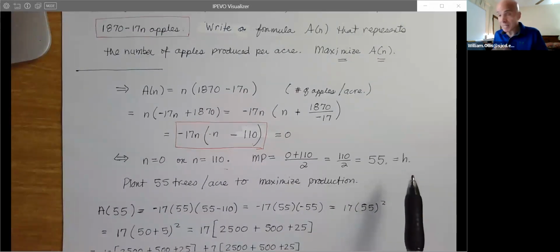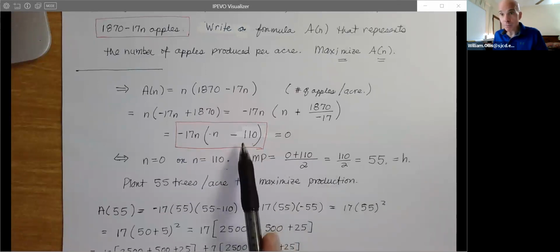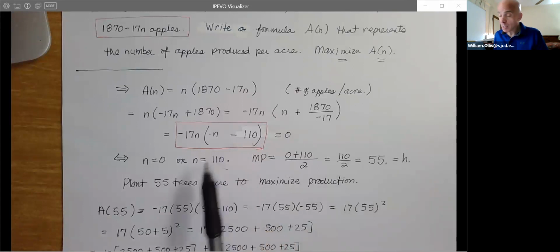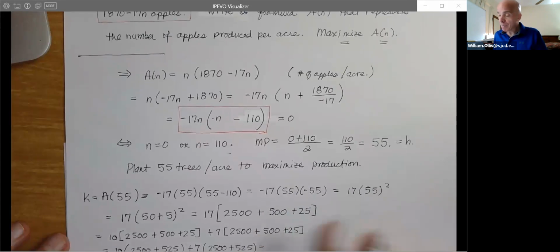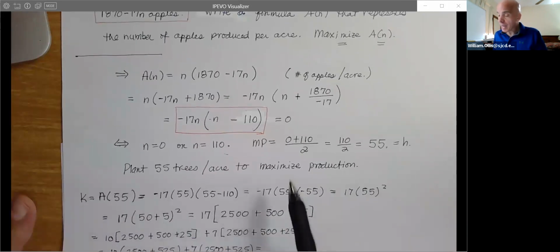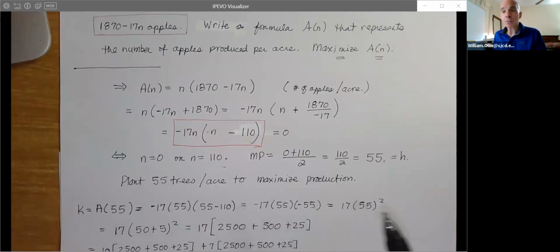So in this case, we get the h first, and then we take the simple formula that we managed to produce here to find the k. So remember, this is the k. So when we're doing these types of problems, what's important is that you see that the calculations can vary dependent upon the approach, but the result is the same, okay?